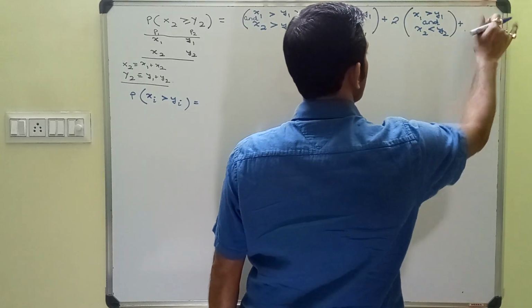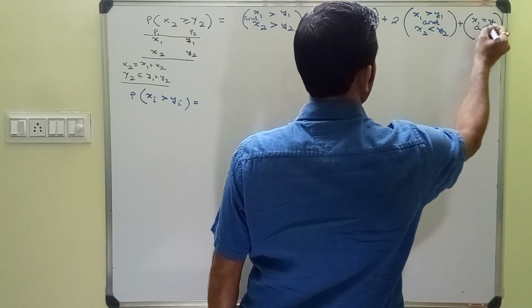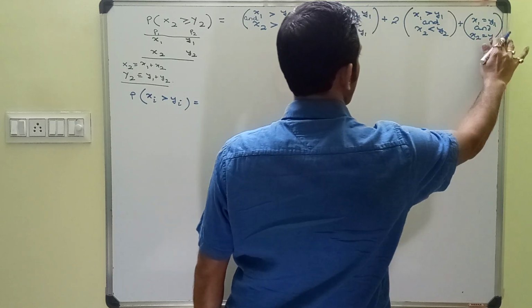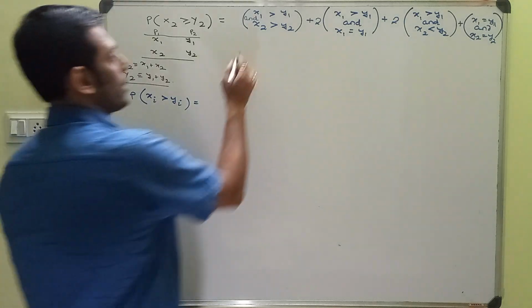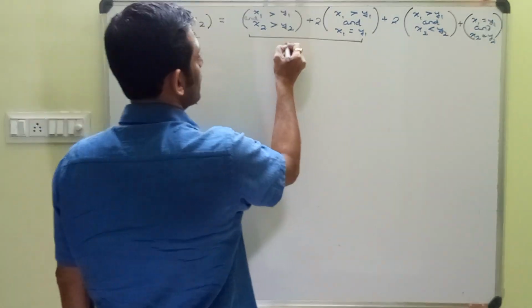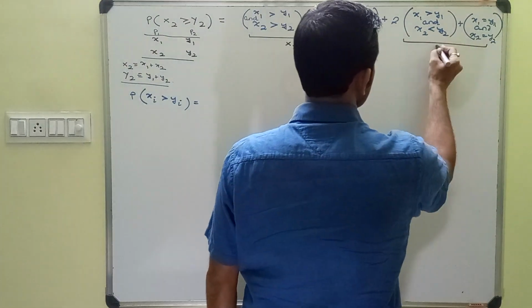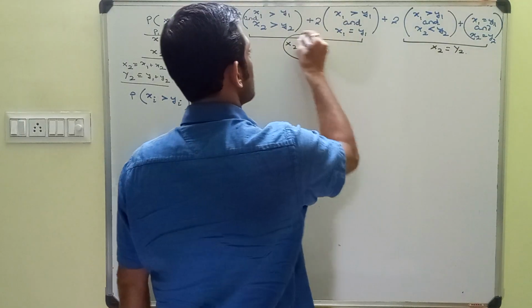Hence we can write it as X1 equal to Y1 and X2 equal to Y2. So these are the 4 different cases. These are the cases where X2 is greater than Y2, and these are the cases where X2 is equal to Y2.